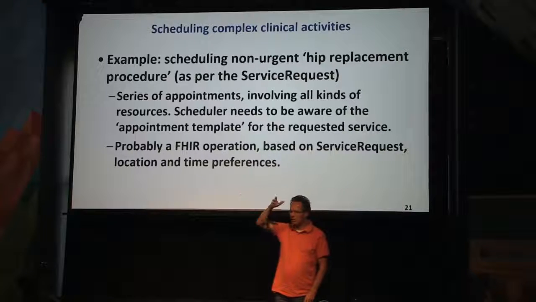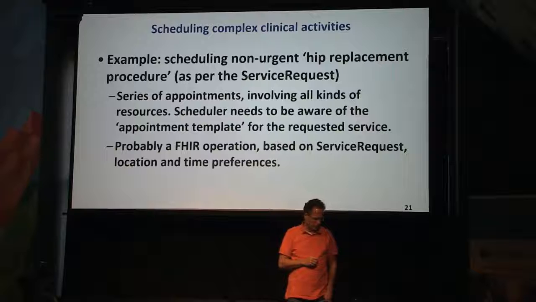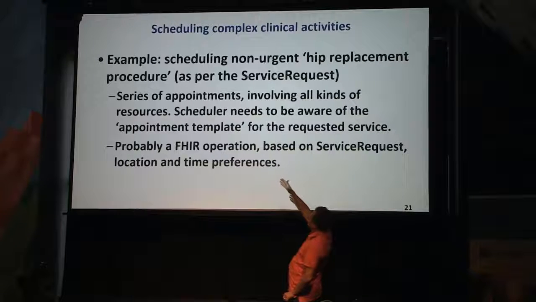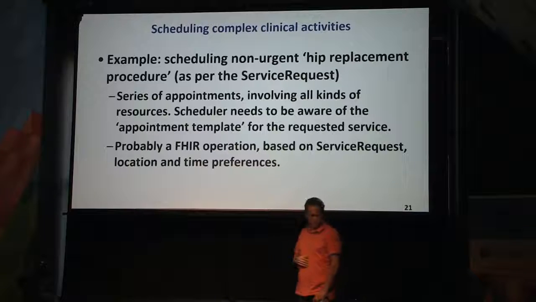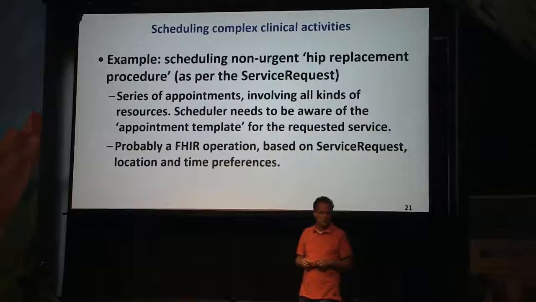You can define exactly what should be there. But then you have to be aware of this definition, this appointment template. And one way of supporting that would be, again, to use a FHIR operation, because, again, the complexity is way beyond what you would wish a regular FHIR client to support.